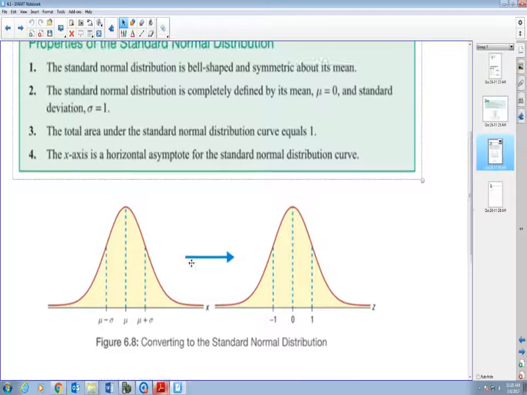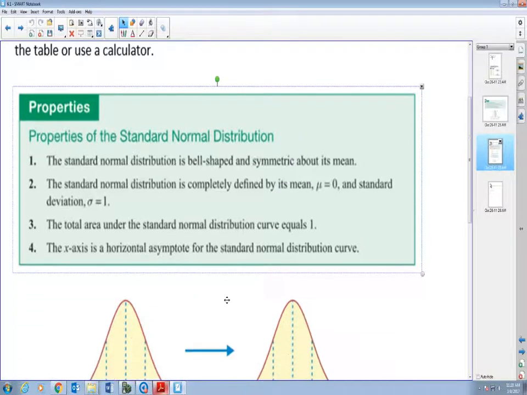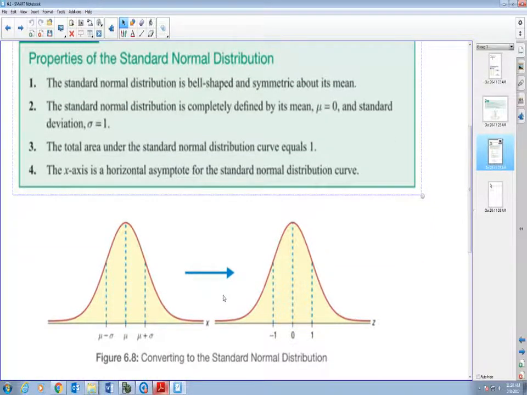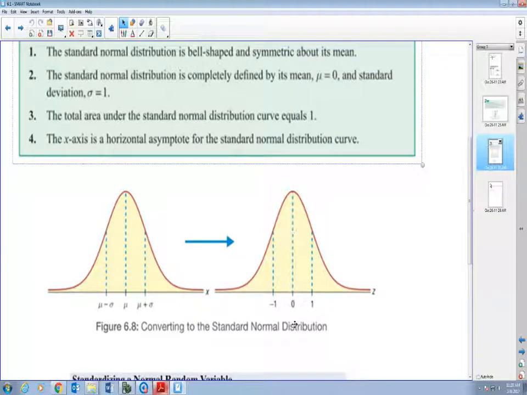then I can look up values on the table or use a calculator to find the area under the curve. So when we standardize our problems, the mean is always going to be 0. To the right one, to the left one will be 1 standard deviation to the right and to the left.